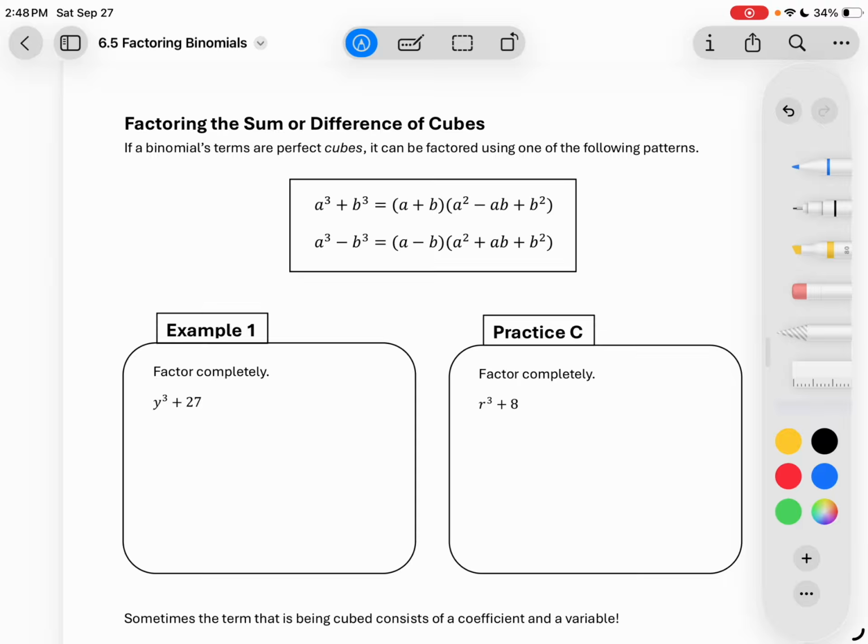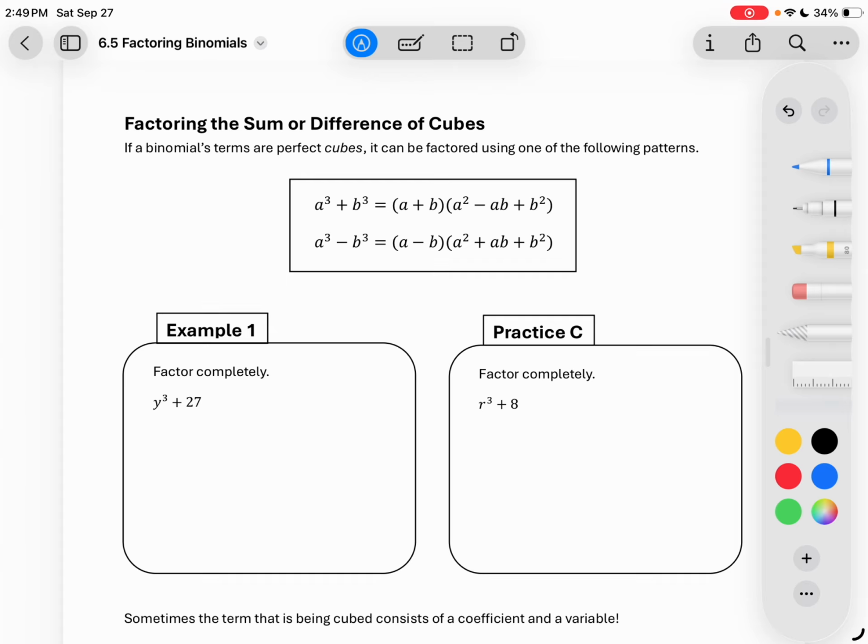And it doesn't just have to work with the sum of cubes, it also works with a difference of cubes. Notice how it looks very similar, but some of the signs are different. So instead of a plus b, what it factors to, it's a minus b, and then a squared plus ab plus b squared.